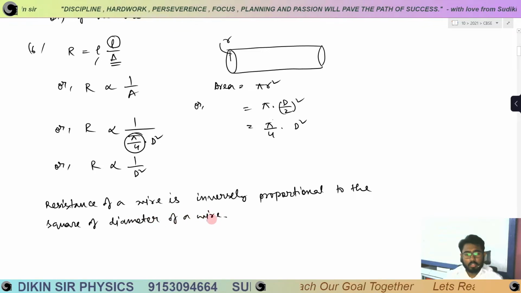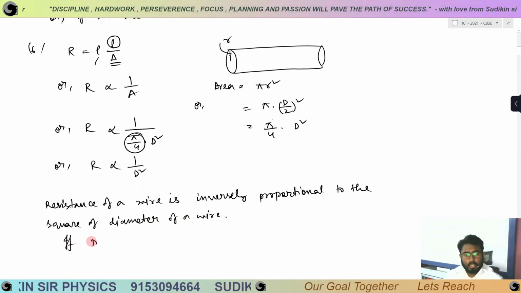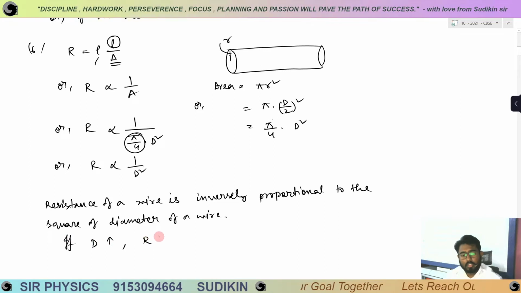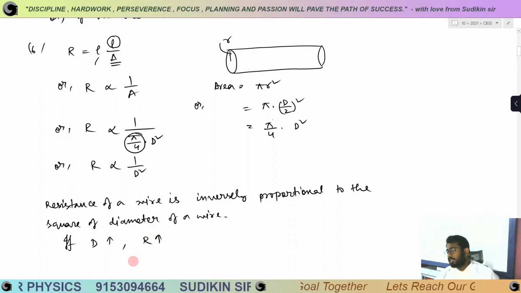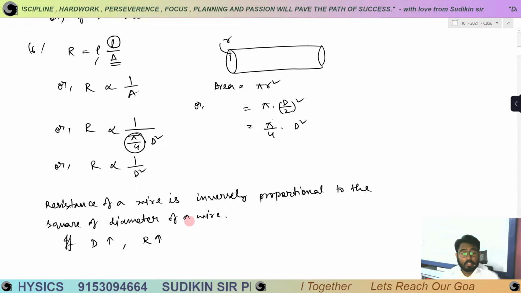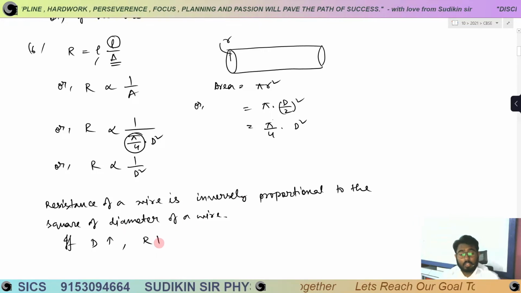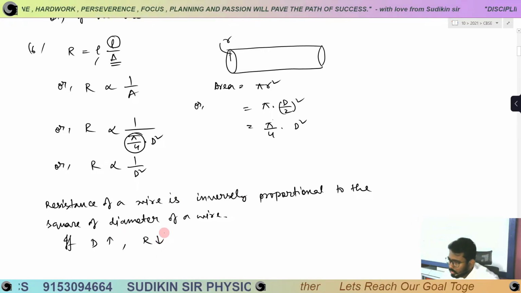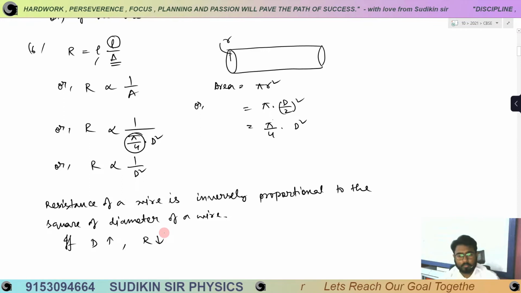That means if diameter increases, the resistance will decrease, right? Are we clear here? Okay.